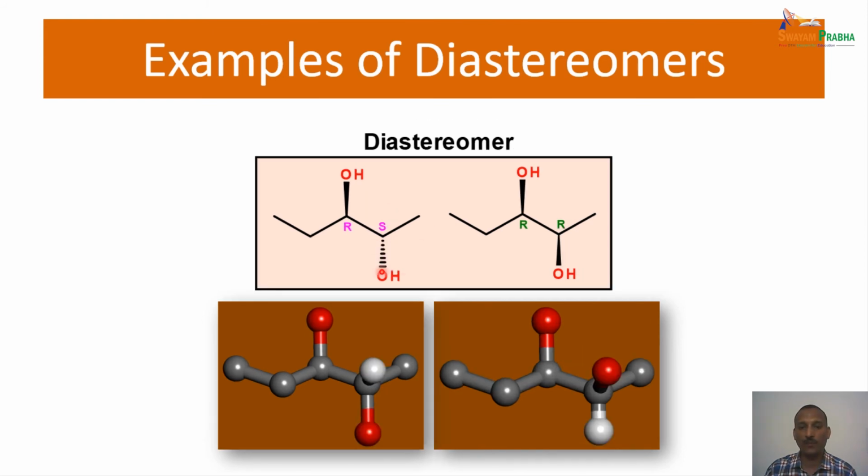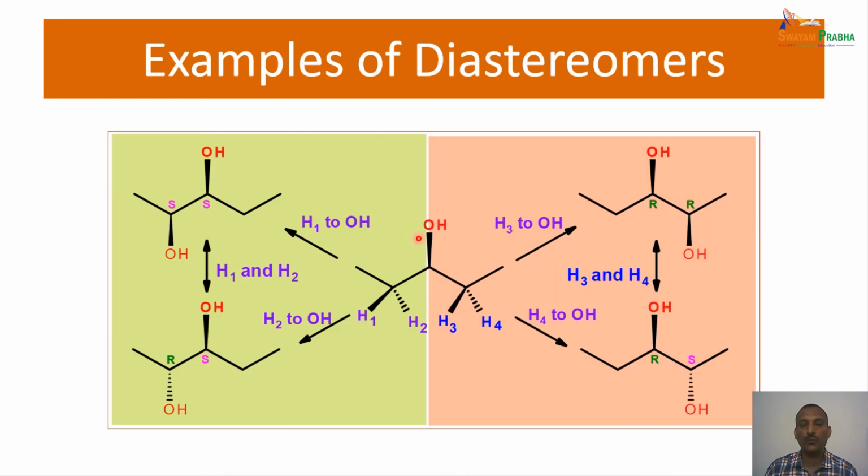Here is another example. So in this particular case again, the hydroxyl is pointing downwards or pointing towards the observer. We can have two compounds which are diastereomers. So like the previous one, we can actually see here how the replacement of the groups leads to diastereomers.